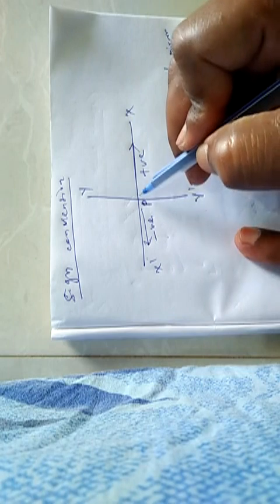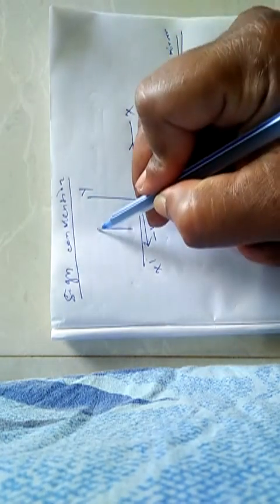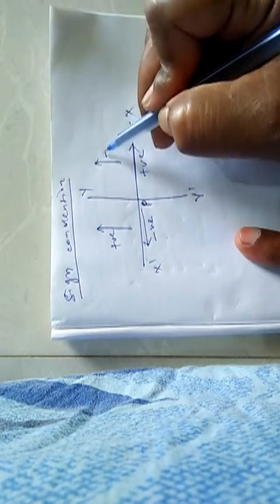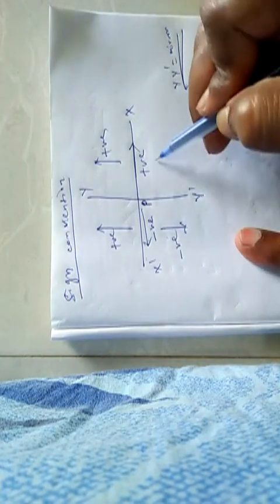X axis is the principal axis, P is pole. Above the principal axis all the measurements are taken positive, and below the principal axis all the measurements are negative.